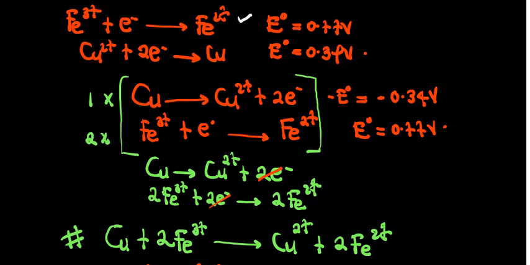But what did we do? So if the first half reaction is undergoing reduction, and we swap the other one, what is it going to undergo?